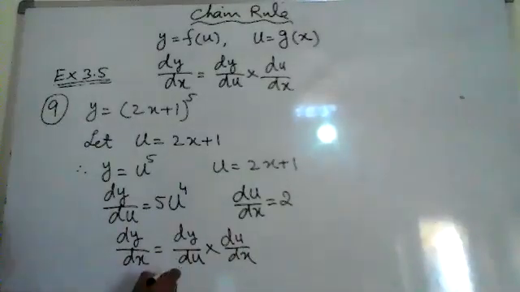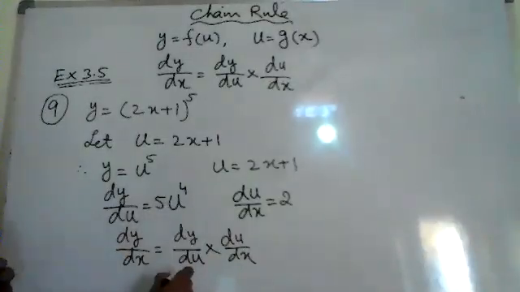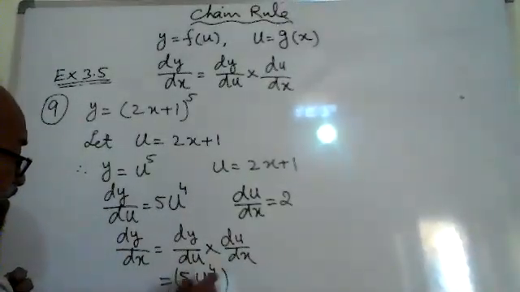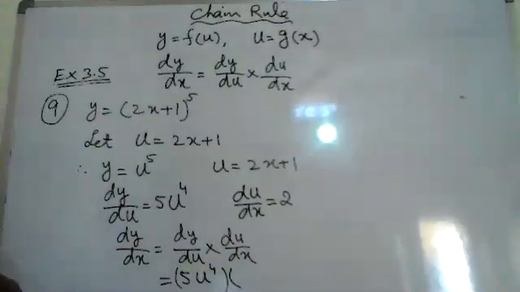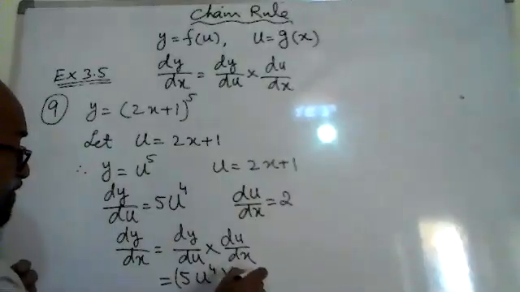Put the values: dy upon du is 5u raised to power 4, into du upon dx is 2.